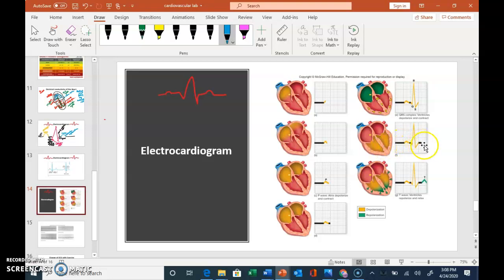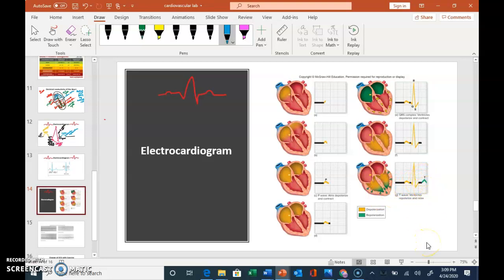That is shown by the ST segment here in black. And then when the ventricle starts repolarizing, as shown by the little green shade in the ventricle, that is indicated by the T wave.